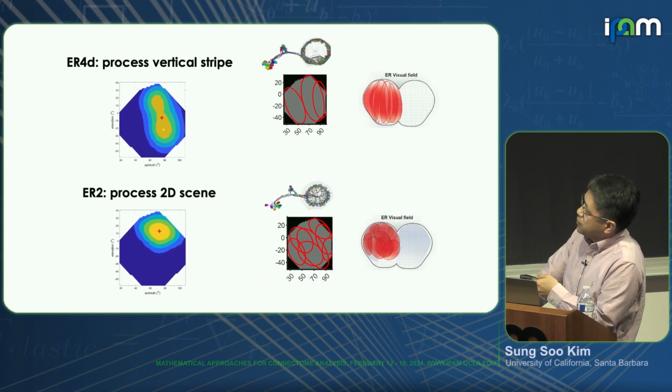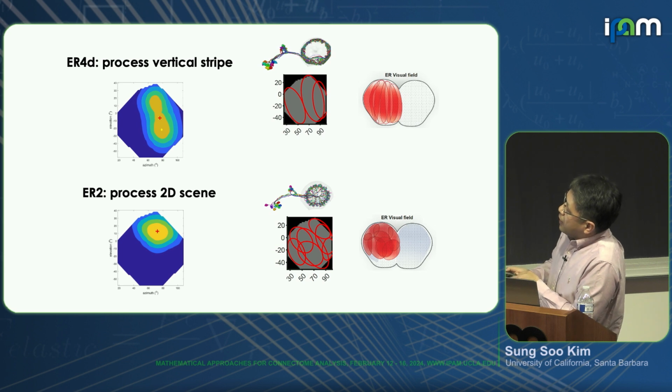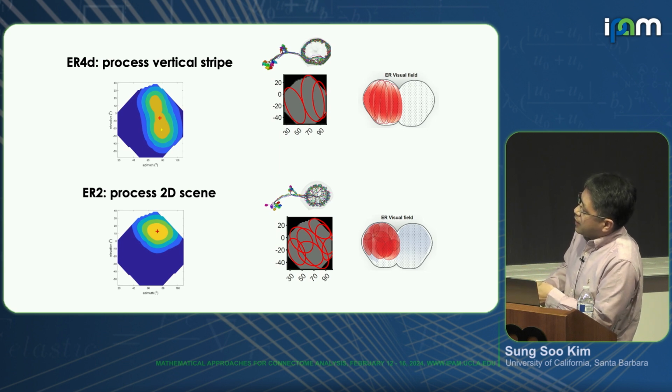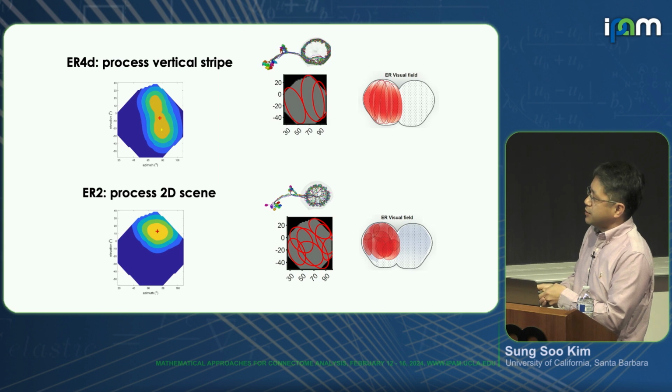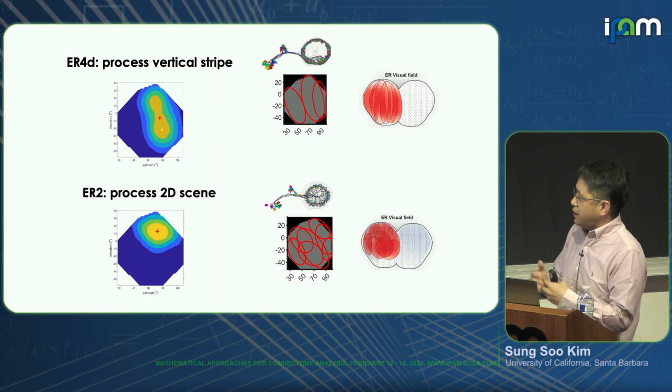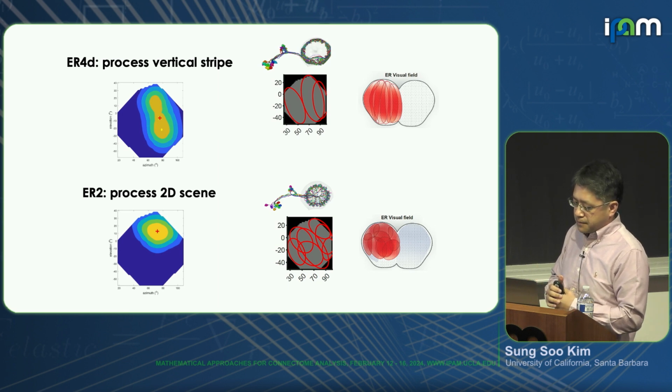And we repeated this across many neurons, and you can see that all the visual fields that ER4D neurons are responsive to are vertically elongated, just like predicted from the electron microscopy connectome data. And ER2 neurons are responsive to a smaller visual field. Okay, so this is all expected from the connectivity data and confirmed by physiology.